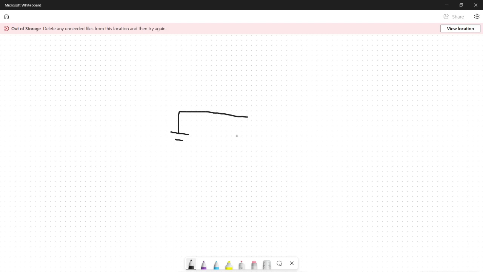So, if I were to put a resistor here, and then I would have another resistor. I'd have an open point there, a resistor.